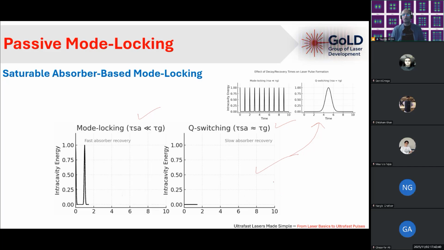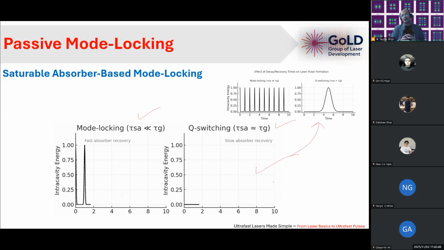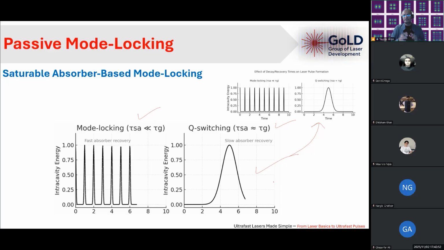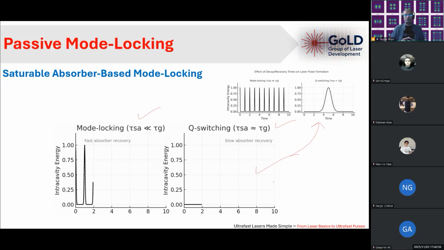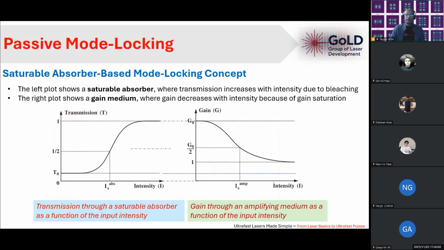I hope this visualization that I made may help you to make an understandable image in your brain of how it works. Okay, so move to the next slide.